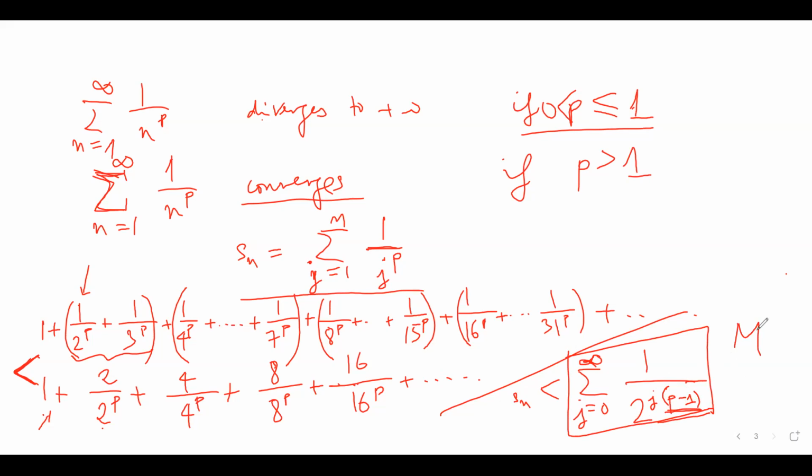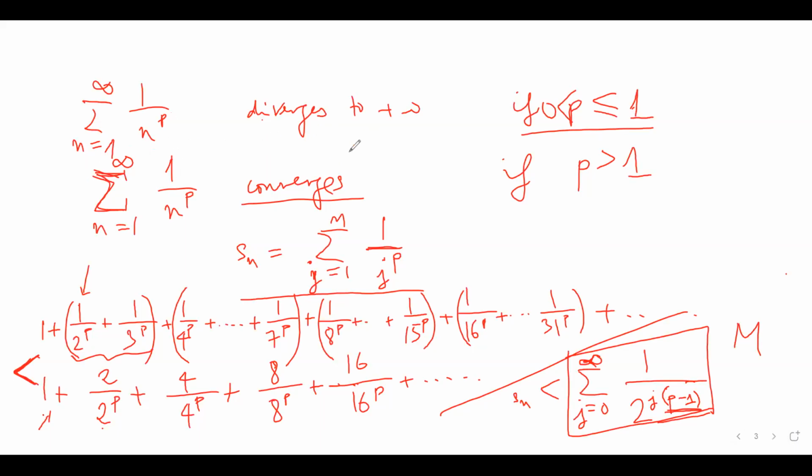So if you let r be 1/2^{p-1}, this belongs to (0,1). Then the series that I have here is simply the sum of r^j.